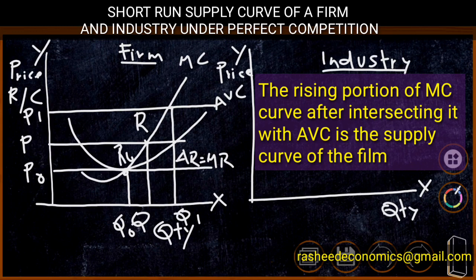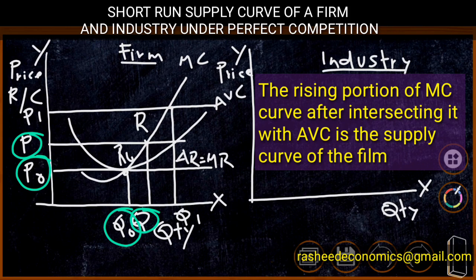In case of a firm, we have different prices and different quantities. For example, initially we have price OP and corresponding quantity is OQ. It is identified on the basis of the equilibrium point, and when price decreases to OP0, the quantity also decreases to OQ0. That means there is direct relation between price and quantity supplied.